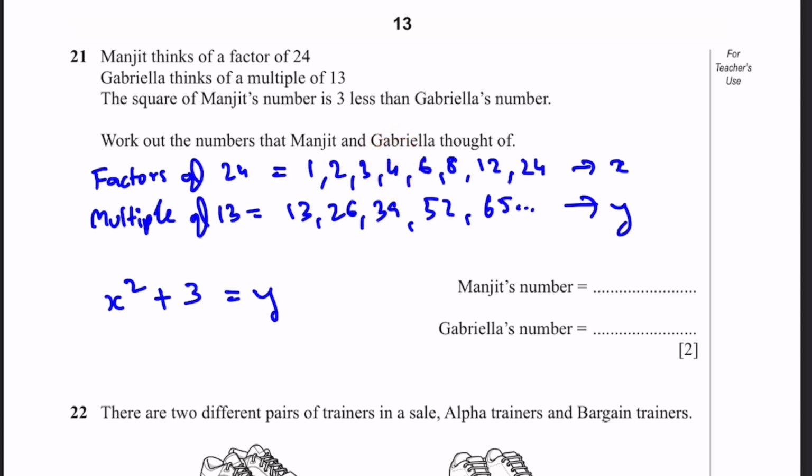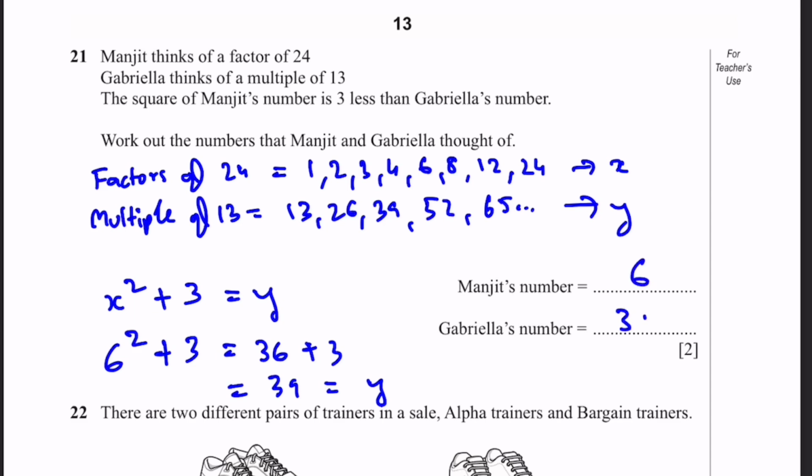And now 4 squared is 16, 16 plus 3, 19, and that's also not in this list. 6 squared is 36, 36 plus 3, 39, and it is right here. So 6 squared plus 3 is equal to 36 plus 3, which is equal to 39, which is equal to y. And therefore, Manjit's number is 6, and Gabriella's number is 39.